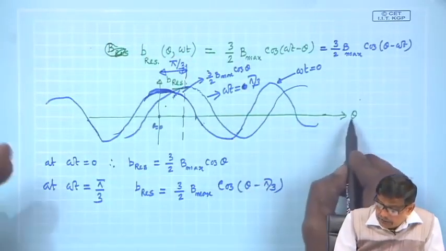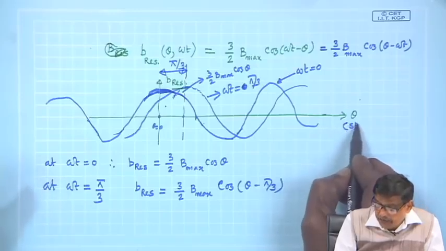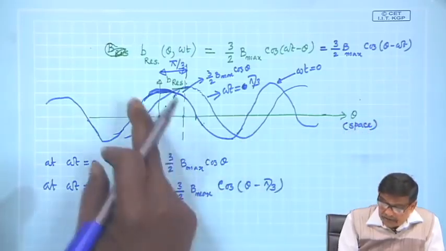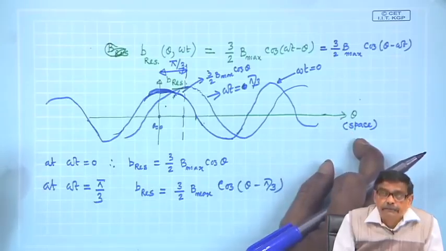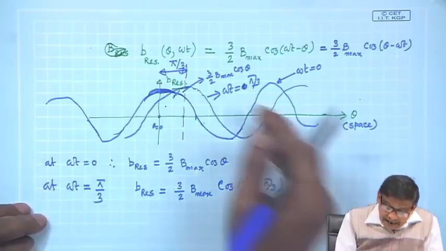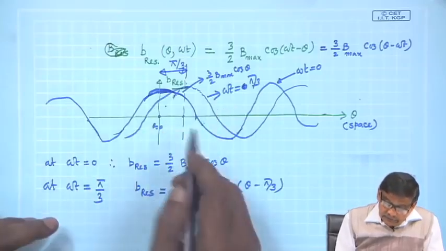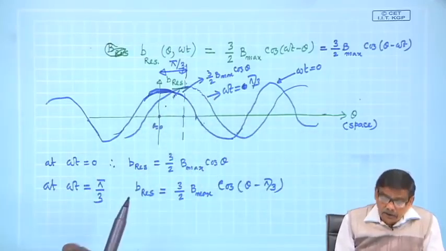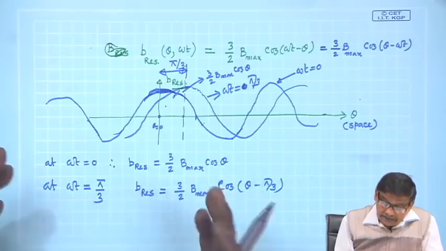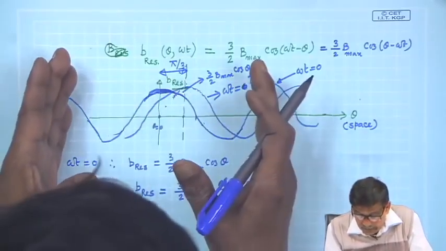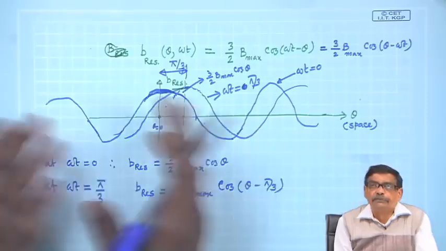Mind you, this is a sketch of B versus space, and time I am attaching like this to each waveform to see that this is nothing but a moving cosine wave from left to right.